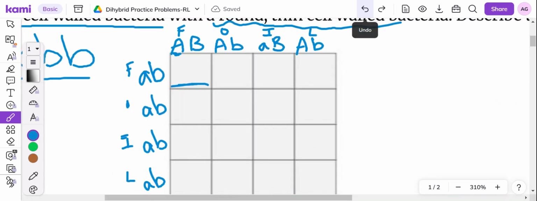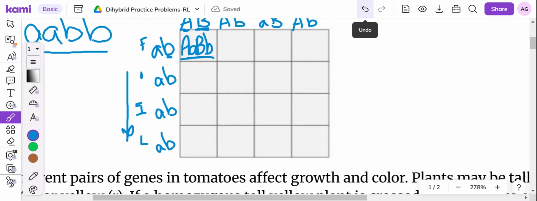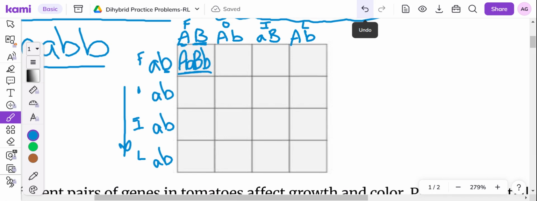So big A, little a. For the B's, we have a big B and a little b. Now, on this left-hand side, we have all little a, little b going the whole way down our Punnett square, so the alleles that go in these boxes are going to be the same the whole way down. So I'm not going to fill them in. I'm just going to draw an arrow to show that.